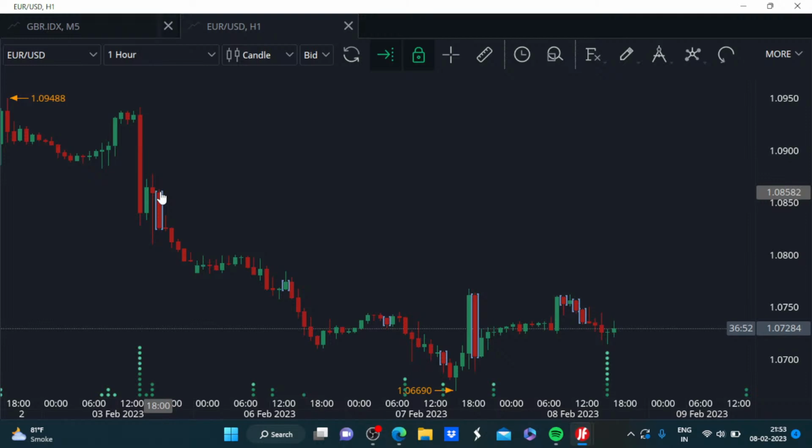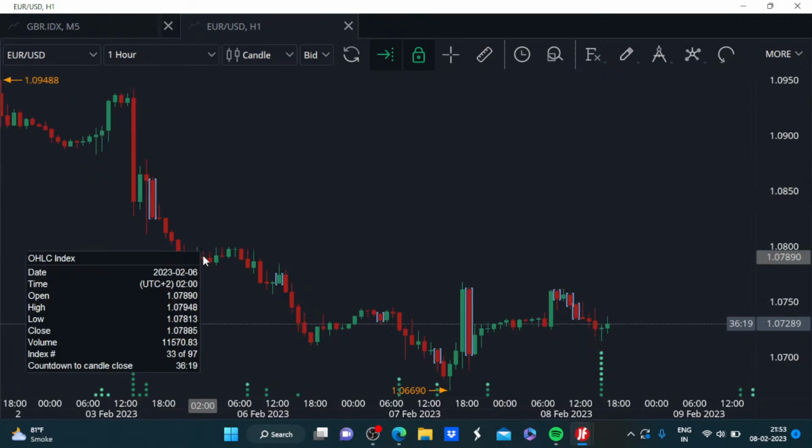Now let us look at an example of the bullish belt hold. Here the closing price of this candle is significantly higher compared to the opening price. By significant, I mean we have to consider the prior volatility. In the context of this volatility, it is indeed quite good.